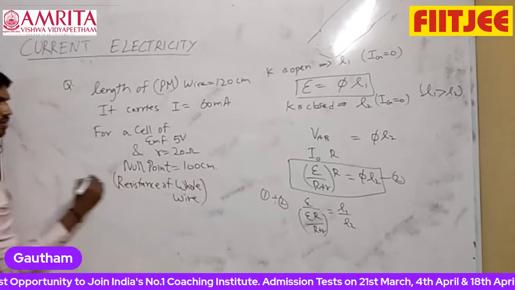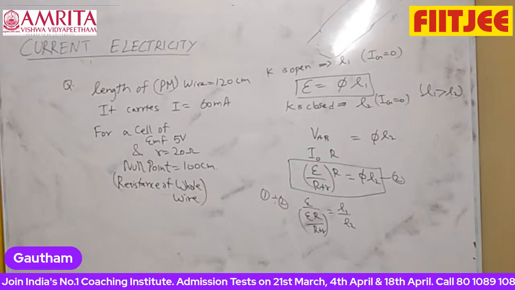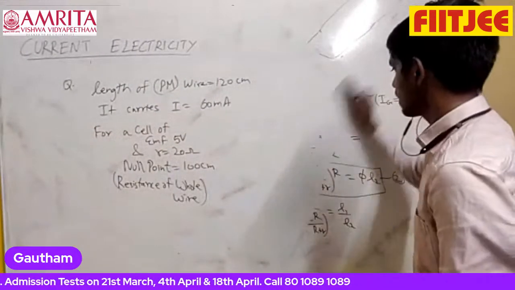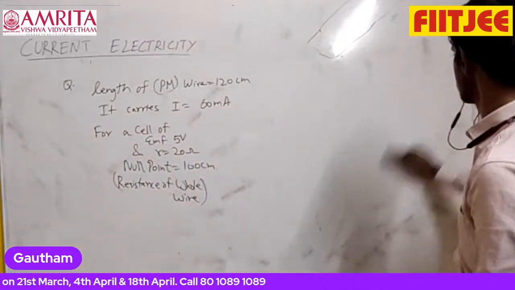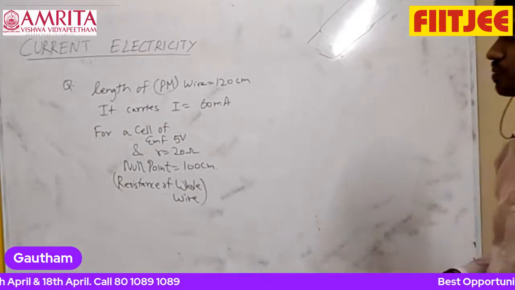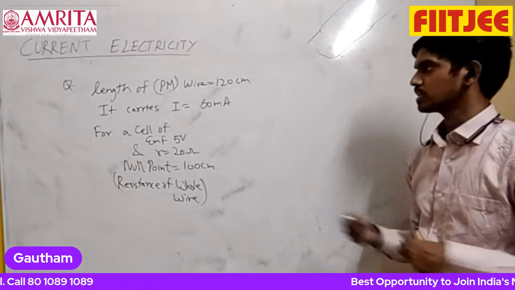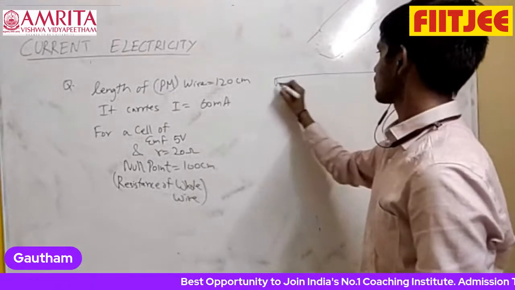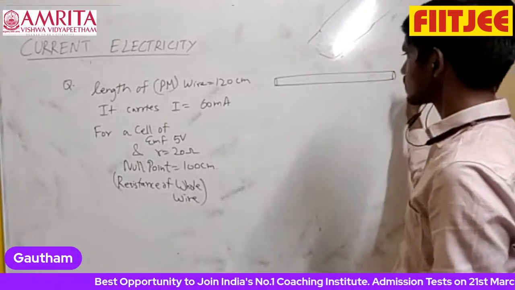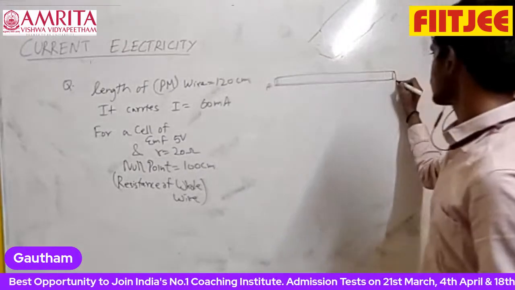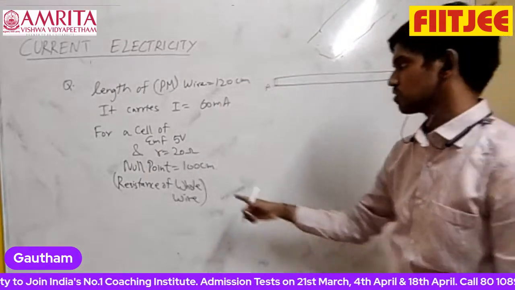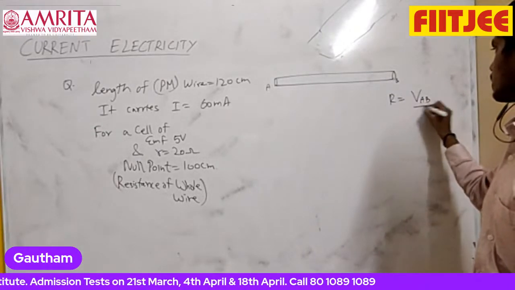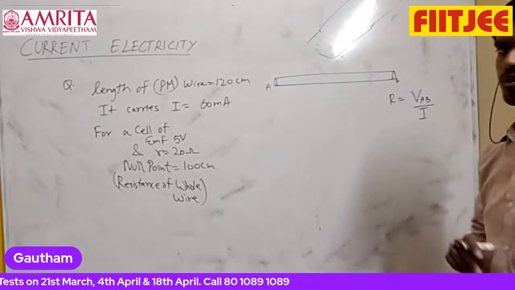The whole potentiometer wire. So how do we find its resistance? If they ask the resistance of a wire, immediately you should know they are talking about the voltage across the wire divided by the current through it. The potentiometer wire is present across A and B, so its resistance is the potential drop from A to B divided by the current through the wire.